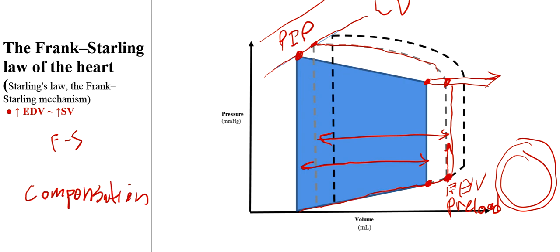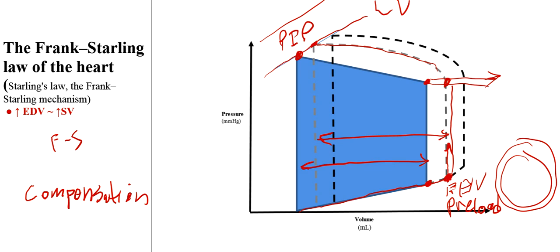Beat by beat, it's not going to be the exact same amount of blood that goes in. And so the heart is going to build more pressure by using the passive properties of the heart wall. It's going to stretch it out more, which is going to build more pressure.